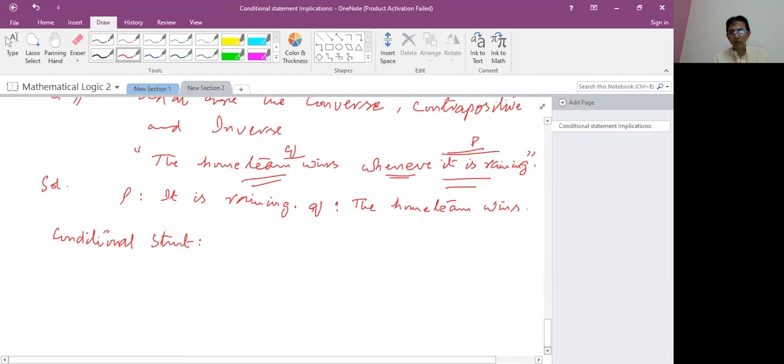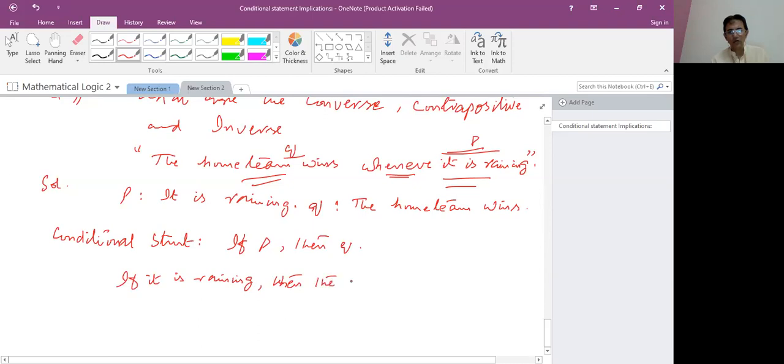You know very well, student, conditional statement is represented as if P then Q. It means if it is raining, then the home team wins.